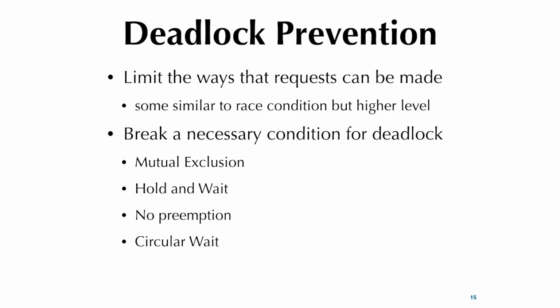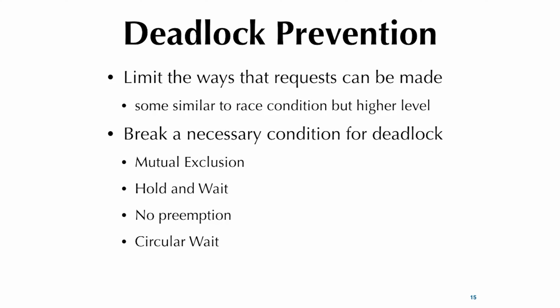Now I'm a little picky about the terminology used by the book. The book calls these non-shareable resources, but I think that's a bad term for it. They are not simultaneously accessible. They are certainly shared. They're just not shared at the same time.